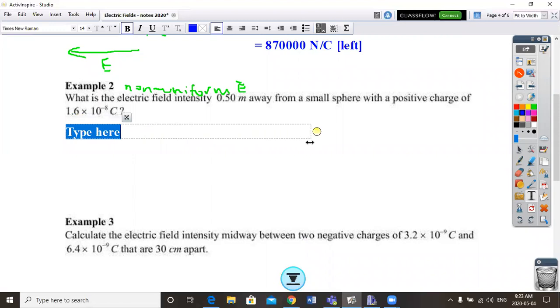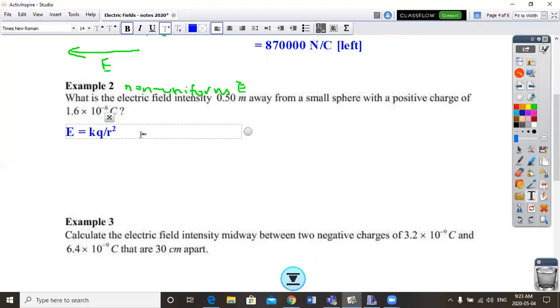We can figure this out. To get the E, this will be equal K times Q divided by R squared.